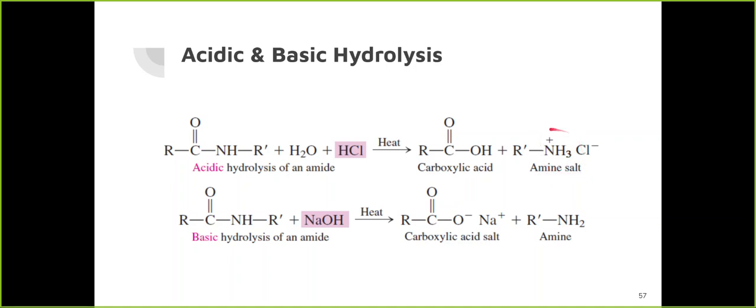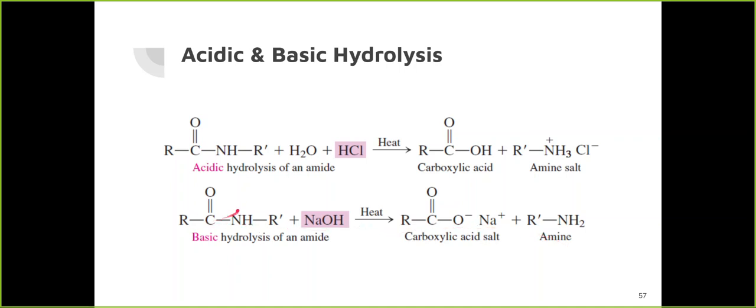So this nitrogen splits off again, but because of the strong acid being present, it's going to accept a proton and get a positive charge and then form this salt complex with your halogen anion right here. But if you do it in a basic environment, so here we have an amide with a strong base, sodium hydroxide, apply heat, you'll get the flip side of this: you'll get a carboxylic acid salt and your amine.